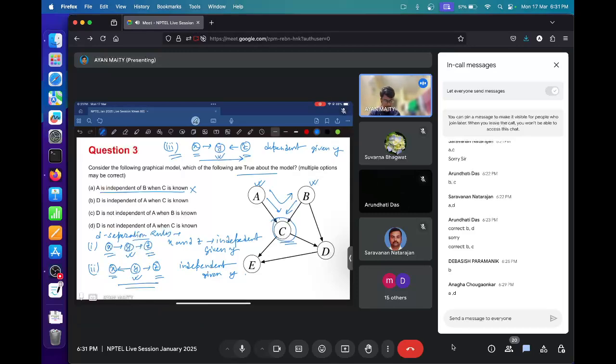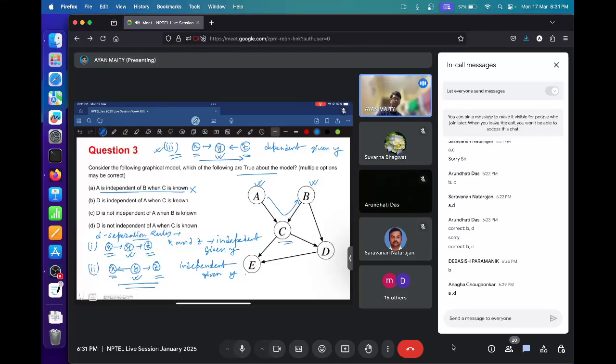So in every case you have to find out all the paths. This was one path, A to C to B. There are other paths as well from A to B, like this is one path, this is another path. Among all those paths, you have to find out at least one path that is not blocked from A to B. And the very first path that we considered, A to C to B, was not blocked by C because of this third rule.